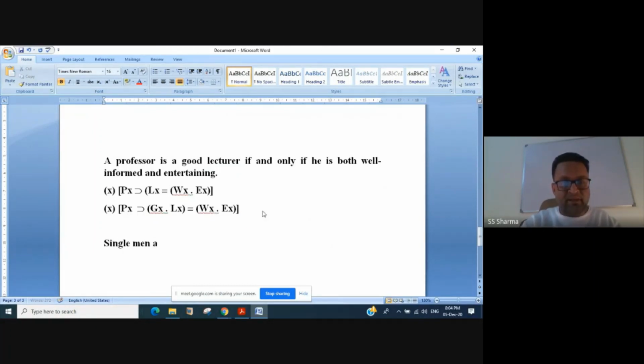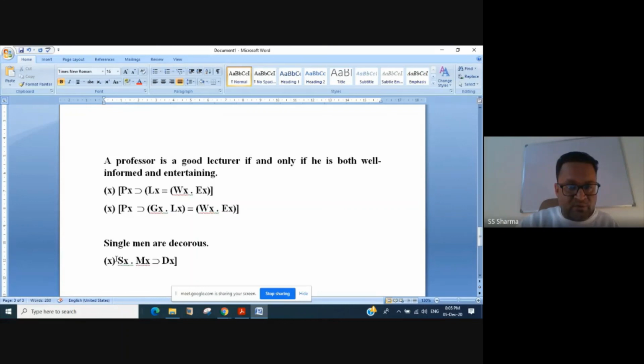But suppose somebody says that single men are decorous, right? Now if you have to symbolize this, it will be for all x, if x is single and x is a man, then x is decorous, right?